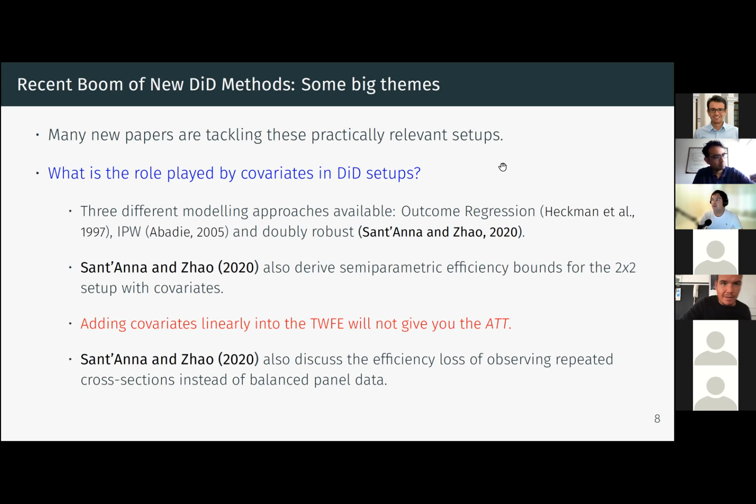That's equivalent to using the machine learning approach of choosing the right covariates that predict the outcome better and interacting them with the year fixed effects. But you also have to interact them with the year fixed effects and the treatment dummy, right?